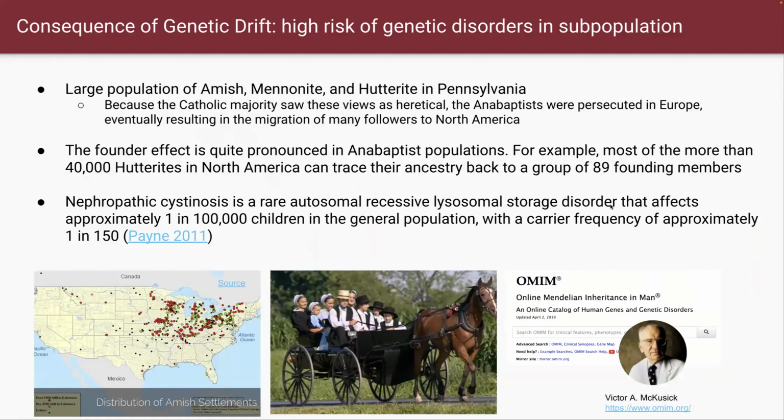Another way we can think about inbreeding in our history is as a consequence of genetic drift. Last time we talked about the Anabaptist population, like the Amish and Mennonites, who migrated from Central Europe to the United States. They have been there for more than 200 years, and they have a very distinct social background. They keep their heritage within their religious community, and they have a distinct, small, very isolated genetic pool.